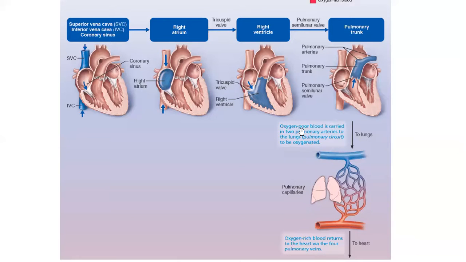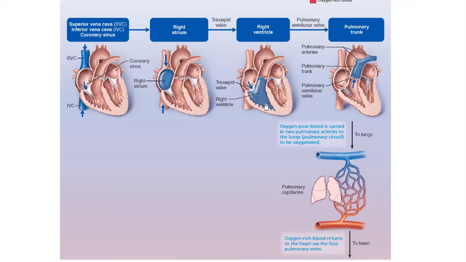I can't see it too well on my screen; the color is kind of off there. Oxygen poor means more carbon dioxide, right? So we have the superior vena cava right here, and then the inferior vena cava and coronary sinus, filling the right atrium, moving to the right ventricle.